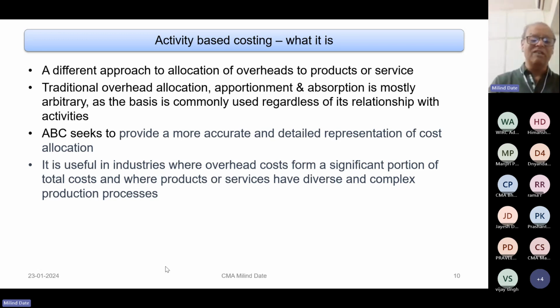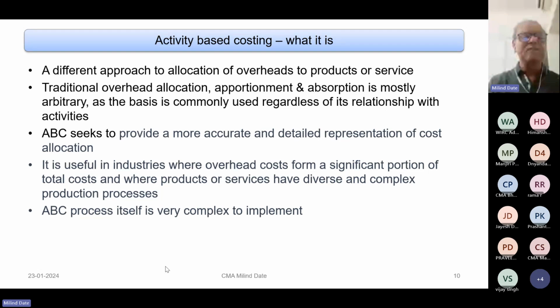Even in the manufacturing industry, the direct costs are lesser and lesser, but the overheads have started increasing to high proportions. That means if the cost composition is changing, can we still go on using traditional ways of apportioning and allocating the cost? The answer is no. We need to change our approach, and ABC is one such approach.